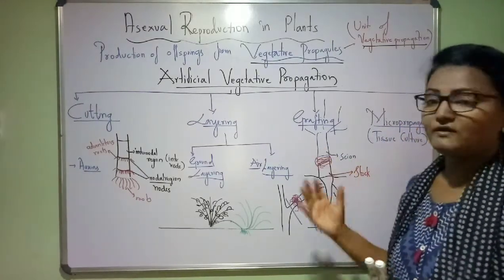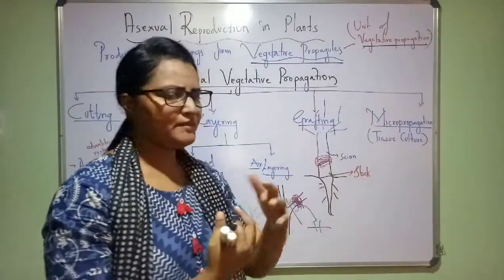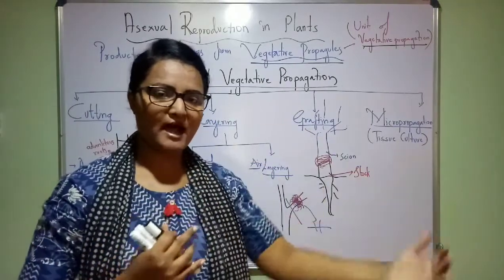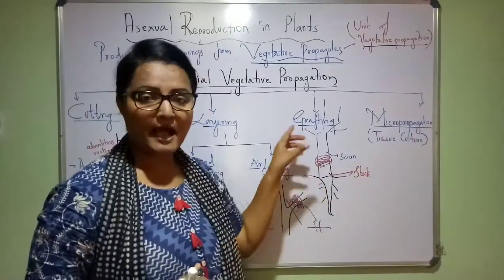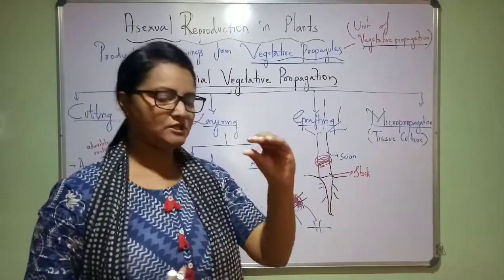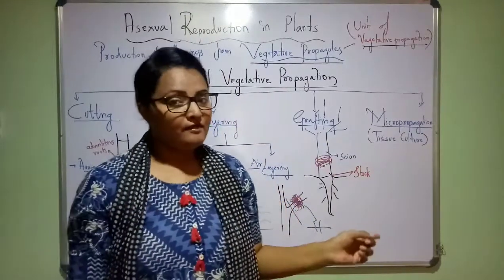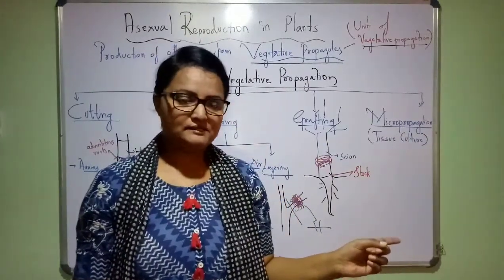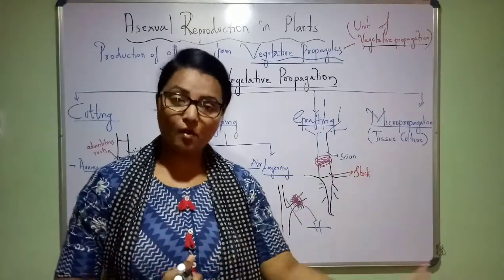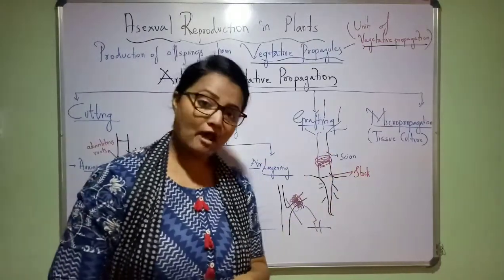So this is what we call grafting. Grafting is also a mixture of two different plant characters, to form a hybrid. The wild one will receive the scion, the tissues attach, and they flower. They yield beautiful flowers. They may be disease resistant or water resistant. So like this they perform grafting.